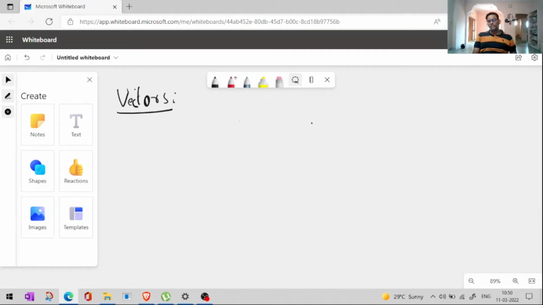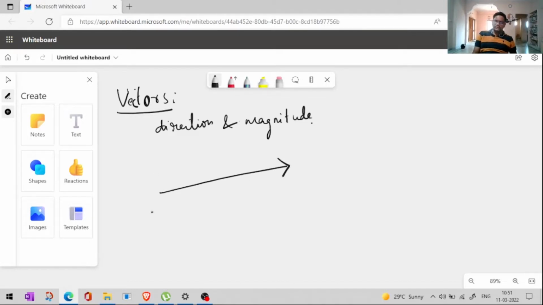Vectors are nothing but they have direction and magnitude. Let me say that there is a vector something like this, where this is x1, y1, z1.